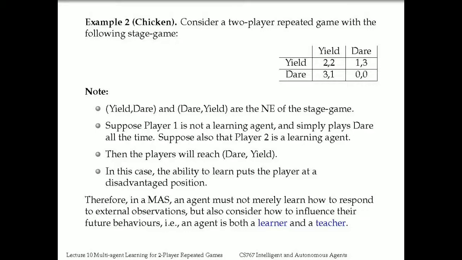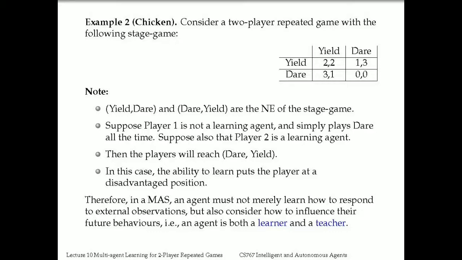So this means that in the Nash equilibria, one of the persons will need to yield, and the other person would dare. Suppose player 1 is not a learning agent and just simply plays dare all the time, and player 2 is a learning agent. In our intuition, if you have the ability to learn, it should give you an advantage over the person who does not learn.